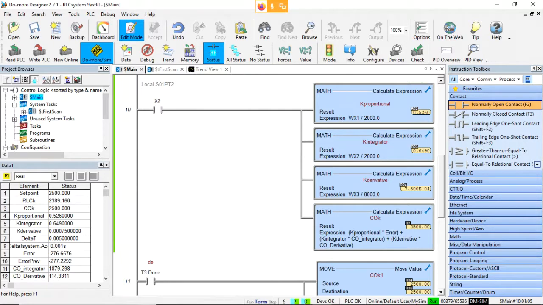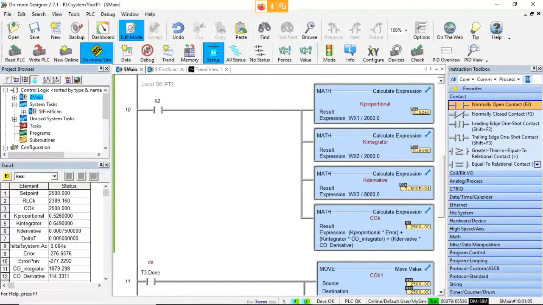Remember that the analog inputs go anywhere between 0 to 4096. For the proportional value, I'm going to divide that by 2000. So really the max that I could possibly get out of that would be about 2. And the same for the gain for the integrator piece. So wx2 divided by 2000.